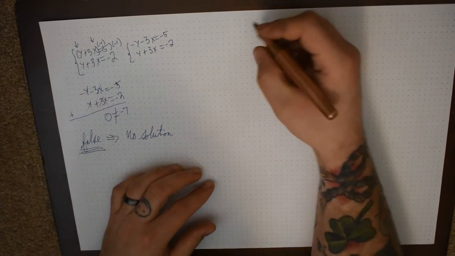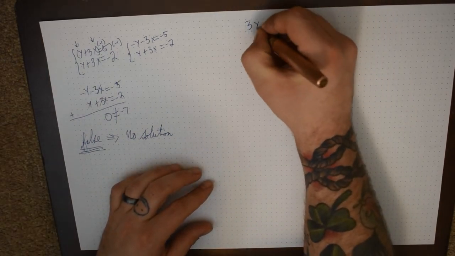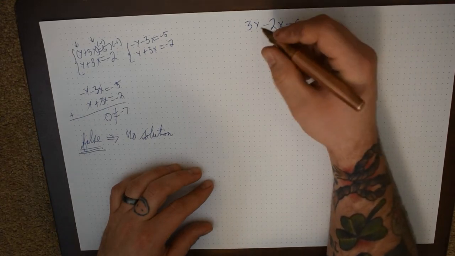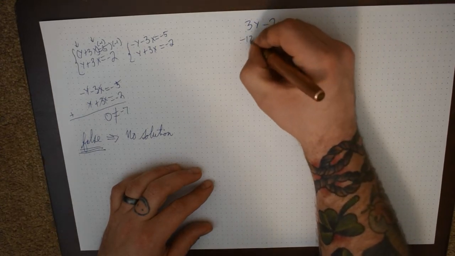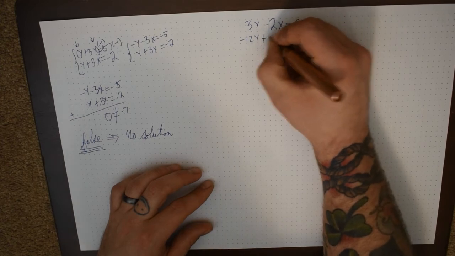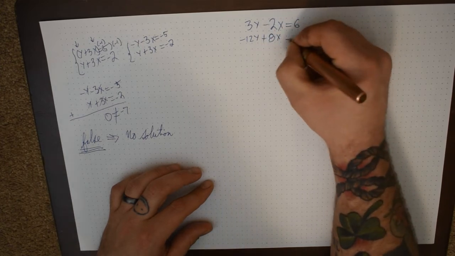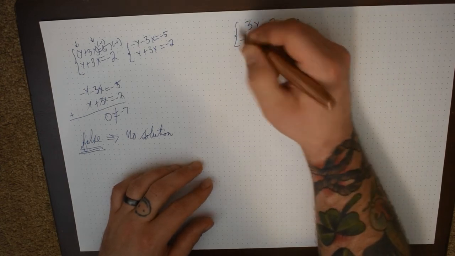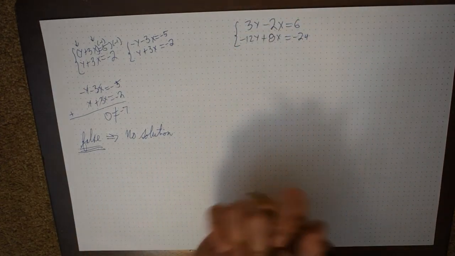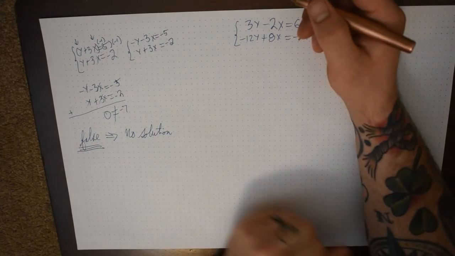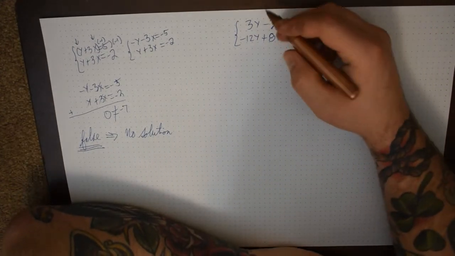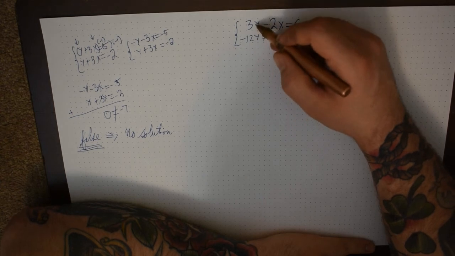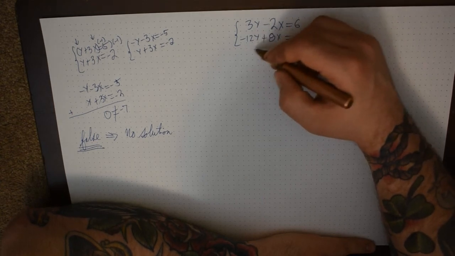Now if we had, say, 3y minus 2x equals 6, and negative 12y plus 8x equals negative 24, I noticed that if I multiply this top equation by 4, 3 times 4 gives us a positive 12, and we've got a negative 12 down here.